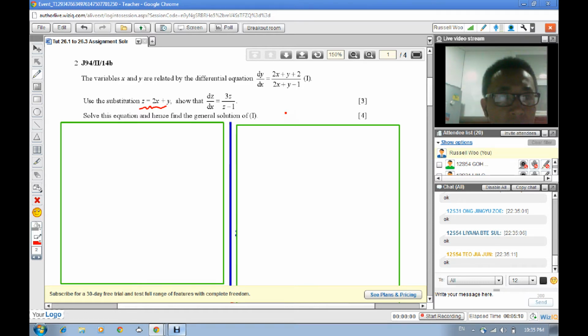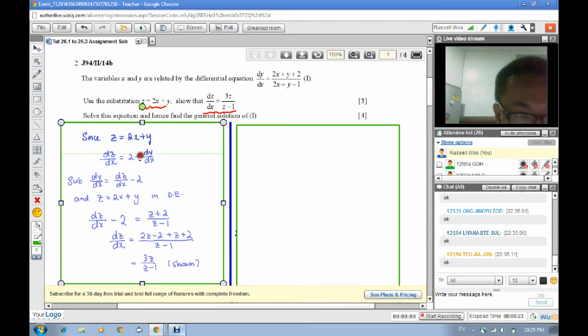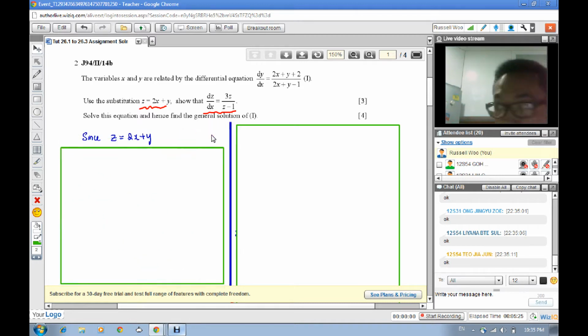We want the ultimate DE to have z, but no y. So the easiest thing to do is, given this, we differentiate both sides with respect to x.